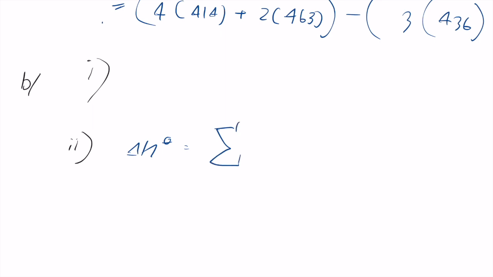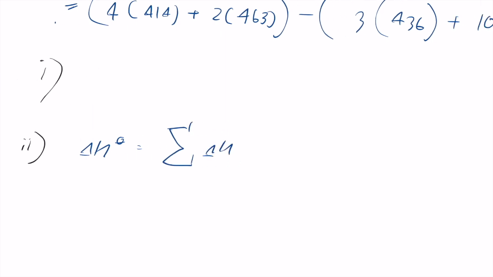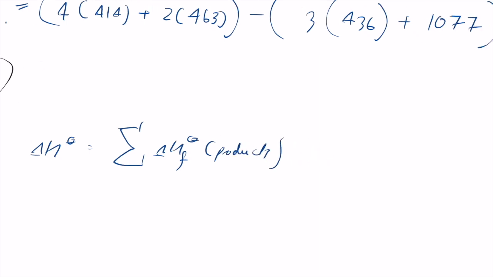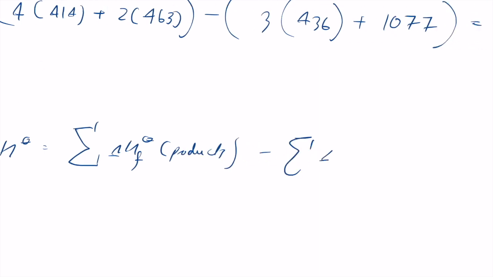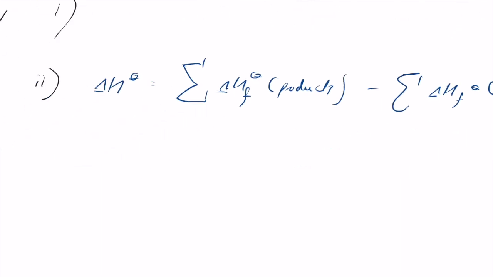This is the formula. I'm just going to write it out because I don't want to butcher saying it. So it's just a sum of products minus a sum of reactants. This is a common theme with a lot of these enthalpy equations. And so what you'll find is, what are our products?